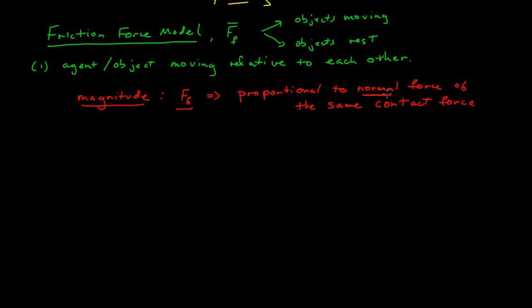And so if we were to write the relationship for the magnitudes here, we would say that the magnitude of the frictional force, F sub f, is equal to some constant times the normal force. This constant, which I've written as Greek mu sub k, is called the coefficient of kinetic friction.